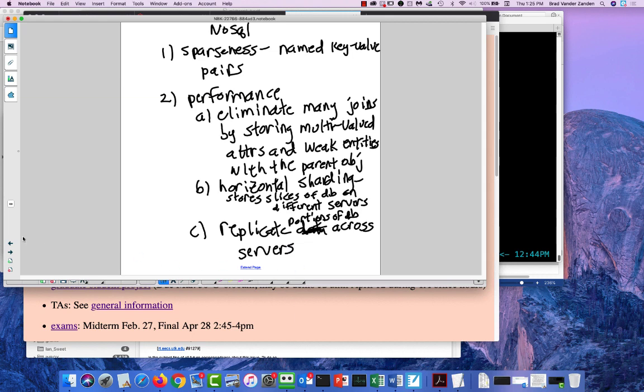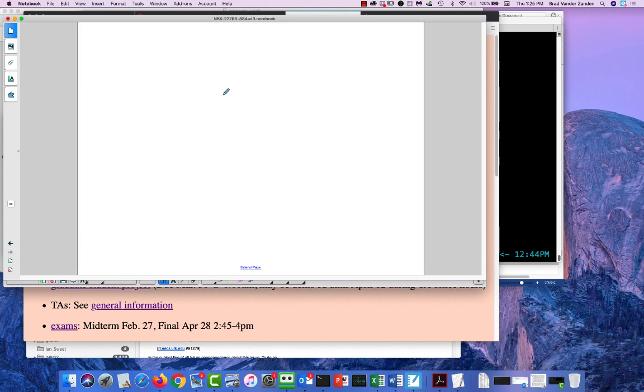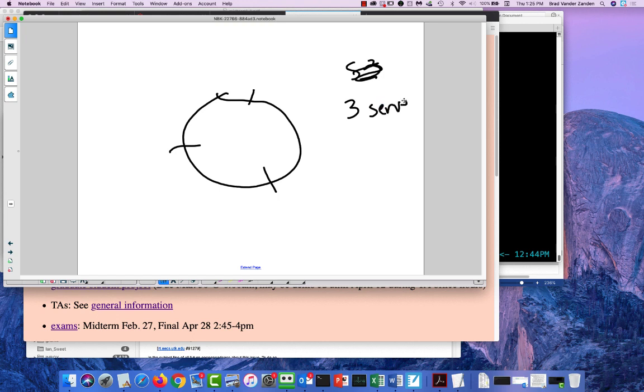So they kind of use what's called a ring structure. They basically say, okay, let's say we have 3 servers. What they're going to do is start hashing documents: document 1, document 2, say document 3 goes here, document 4 goes here, document 5 goes here, document 6 goes here.